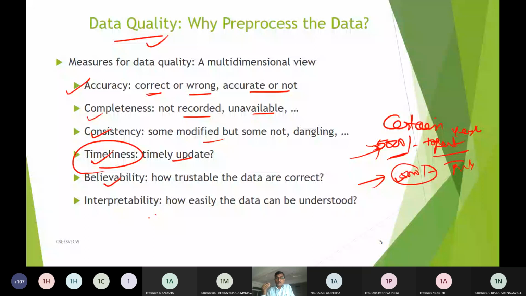We talked about the first word, pre-processing. Then we talked about the factors that make things dirty: inconsistent, noisy, and incomplete data. These affect the quality decisions.